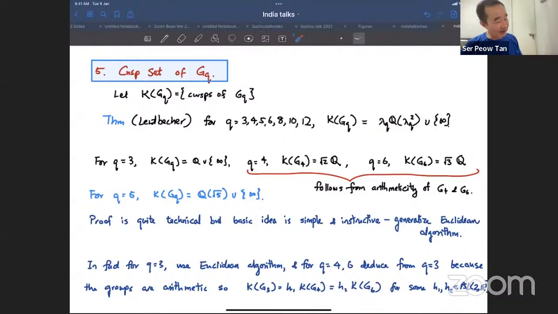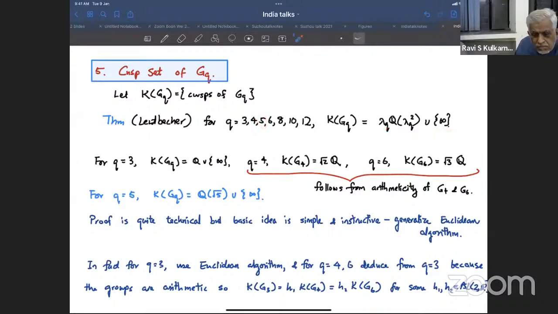In the case where Q is equal to 4, lambda is equal to square root of 2, so this thing here is just Q, and what we have is the rational multiples of square root of 2 union infinity. In the case of 6, lambda is square root of 3, so this is still Q, and we have rational multiples of square root of 3 union infinity.